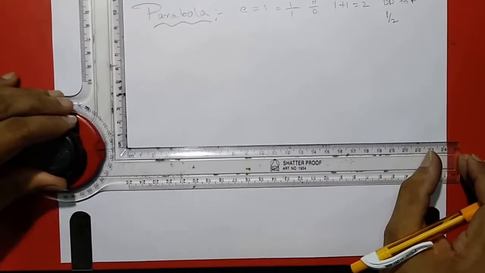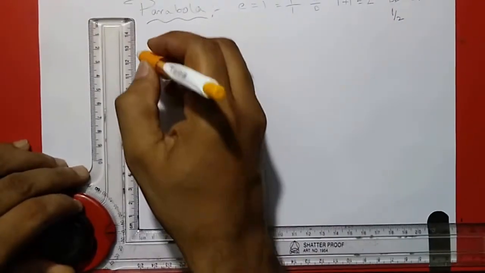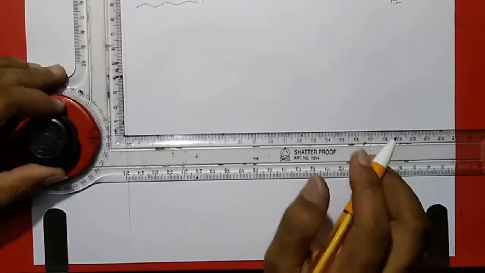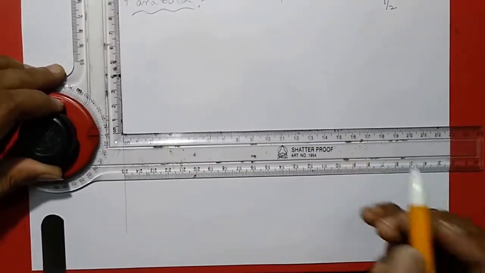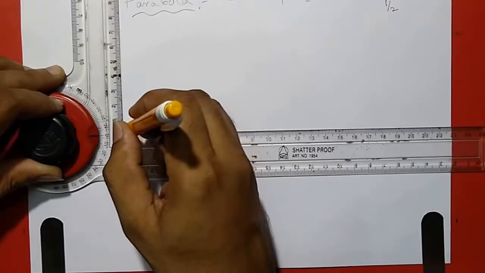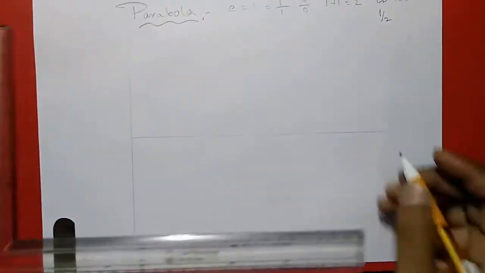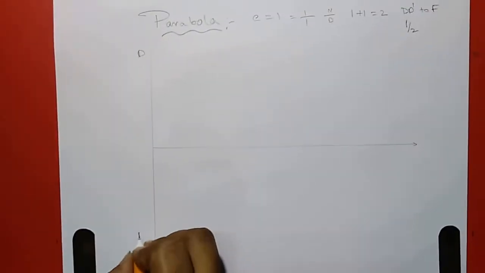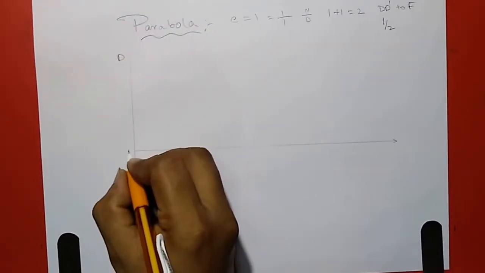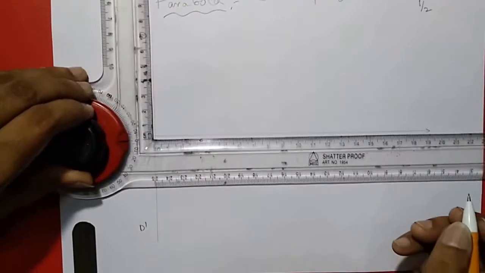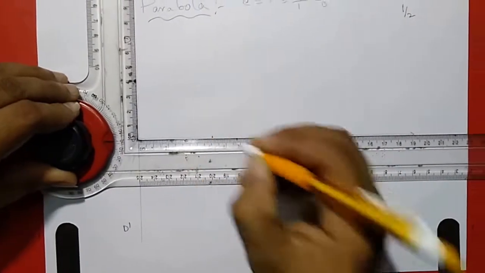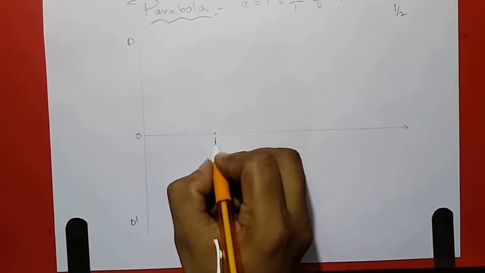I'll be drawing the directrix over here, and a focus line. And from here I'll be taking a distance of 50 mm. That is the distance between the focus point and the directrix.